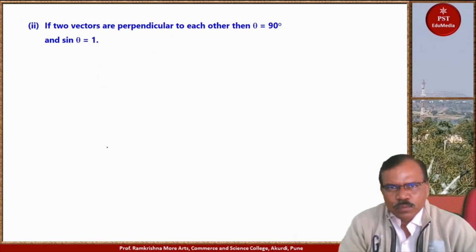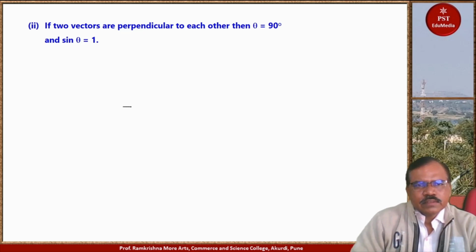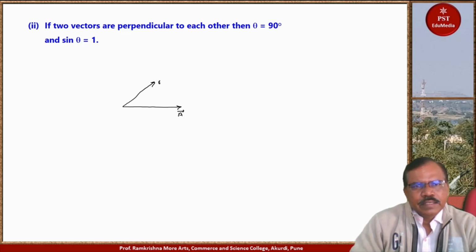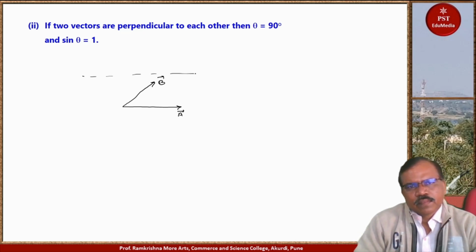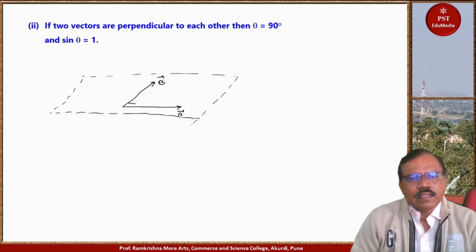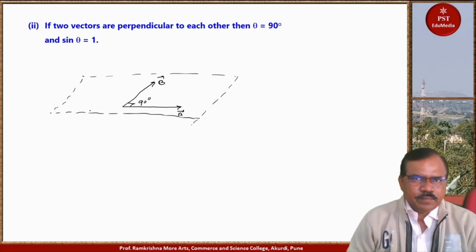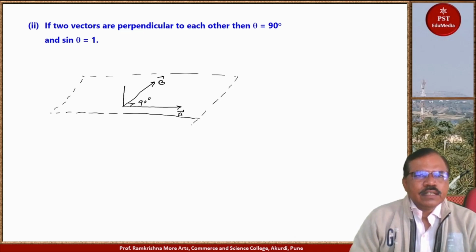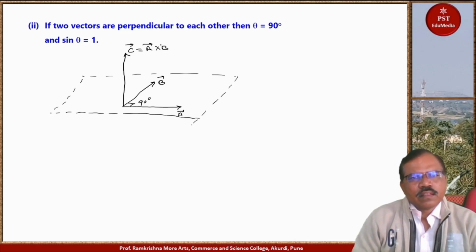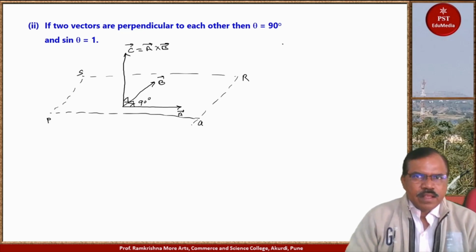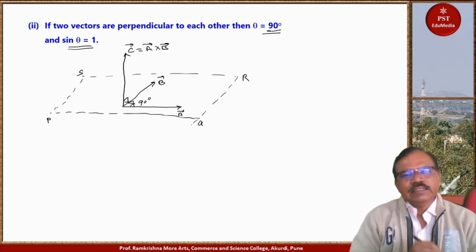Here this is first vector A, and if we take another vector B in this plane, and suppose this angle is 90 degree, and we know C, that is A cross B, is perpendicular to this plane PQRS, means it is perpendicular to B as well as to A. So theta is 90 degree, sin theta is equal to 1.